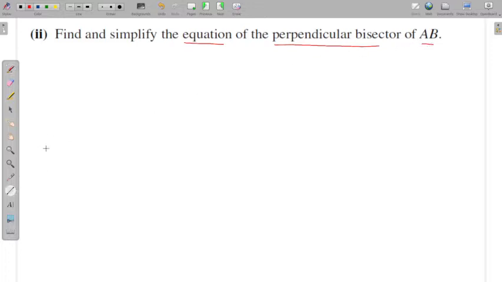Okay, so suppose we have one line like this. So suppose this is our line AB. So a perpendicular bisector is just a perpendicular line which will pass through the midpoint of this line AB. So if I draw another line like this, okay, this green line that I've drawn is a perpendicular line, also known as a normal.